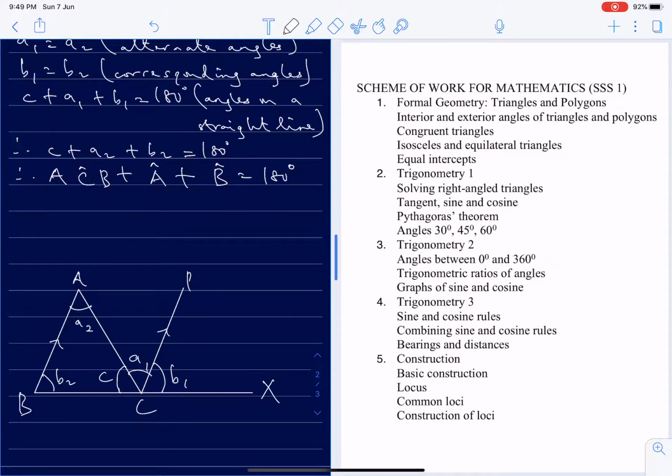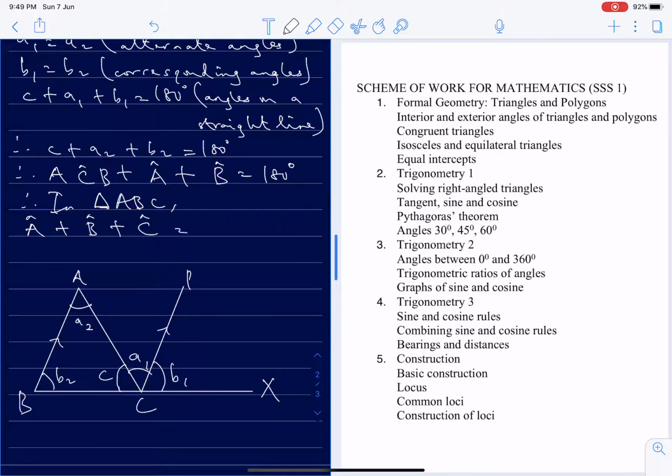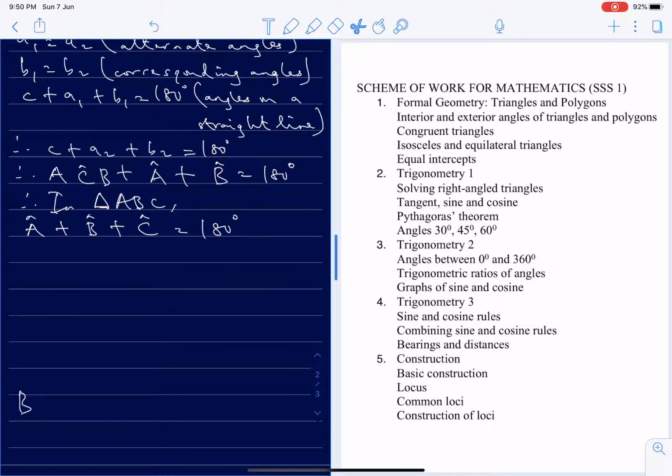And that simply means, in triangle ABC, angle A which is A2 plus angle B which is B2 plus angle C which is small letter c is equal to 180 degrees. And that's a proof very, very simply. So that means the sum of angles inside any triangle is 180 degrees.